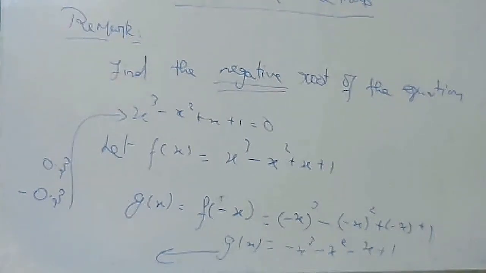That's it. First step, f of x to f of minus x. Proceed in the method given, whether Newton-Raphson, bisection, successive approximation or regula falsi, whatever it is. Apply it, and in the final answer, put the minus sign in front of the value, and we will get the negative root. That's the remark.